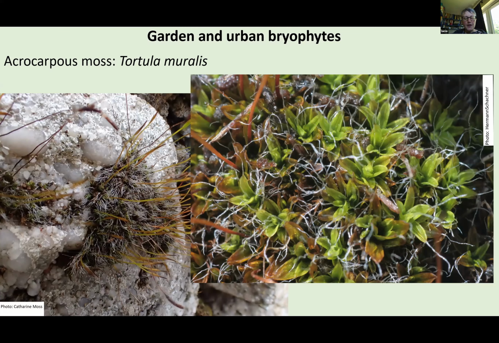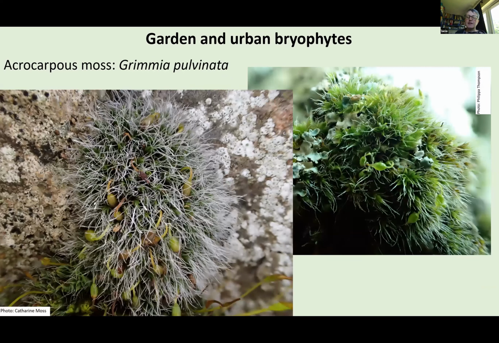Another moss that grows on mortared walls and that looks a bit similar to the previous one is Grimmia pulvinata. This one is also hairy. It also has this long hair coming out of the leaf, but the sporophytes, instead of just coming out and being long and cylindrical, they grow out and then bend back into the cushion.